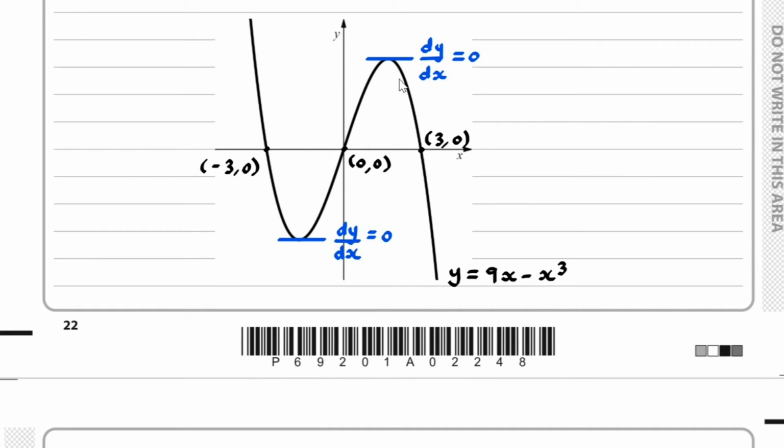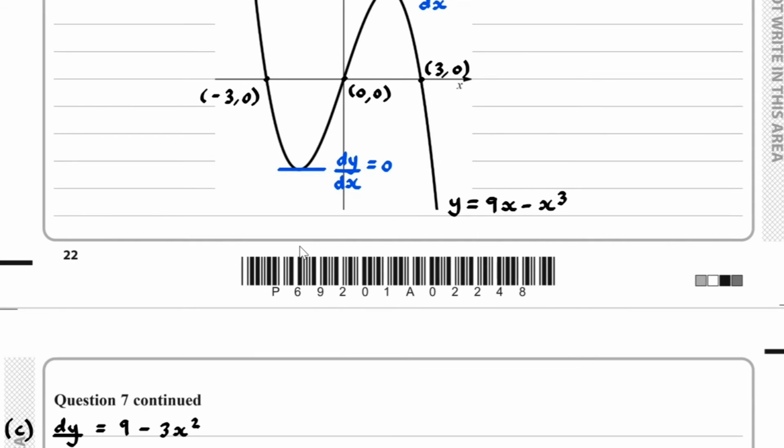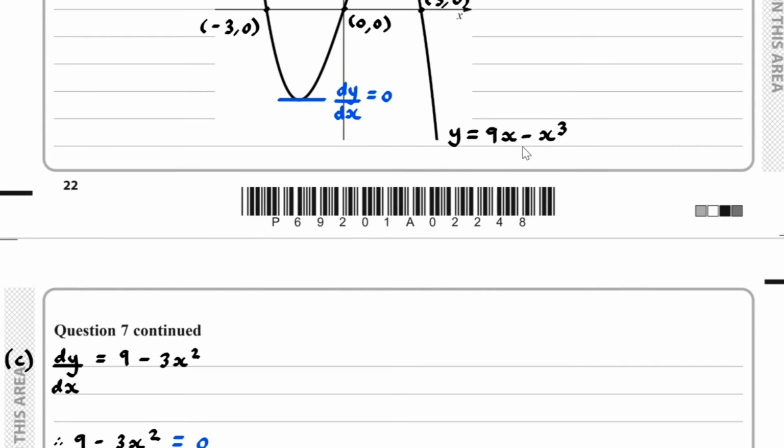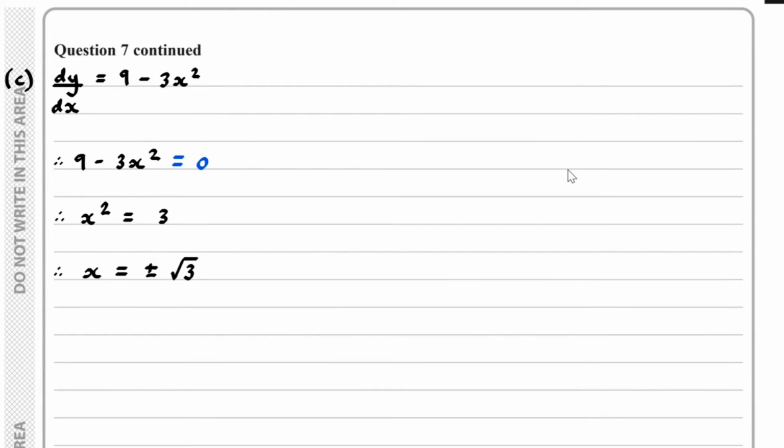So now that we know what the x coordinates of the stationary points are, we can find the corresponding y coordinates by substituting back into y equals 9x subtract x cubed. And so when x is equal to positive root 3, y equals 9 multiplied by root 3 subtract root 3 cubed.